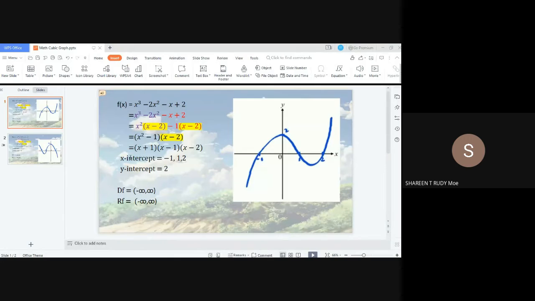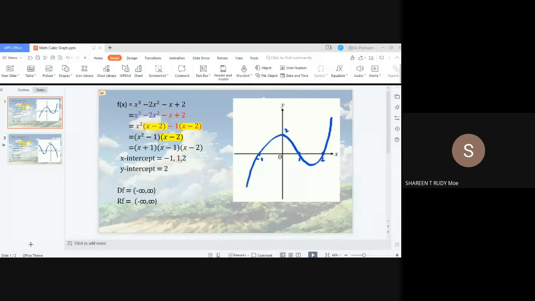To find the x-intercepts, f(x) is equal to 0. Then x plus 1 equal to 0, and we get x equal to negative 1. x minus 1 equal to 0, and we get 1. x minus 2 equal to 0, and x will equal 2. We can find our y-intercept when x is equal to 0.